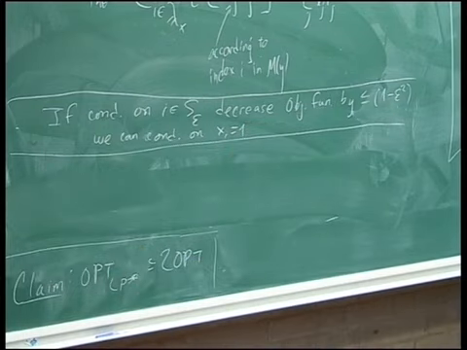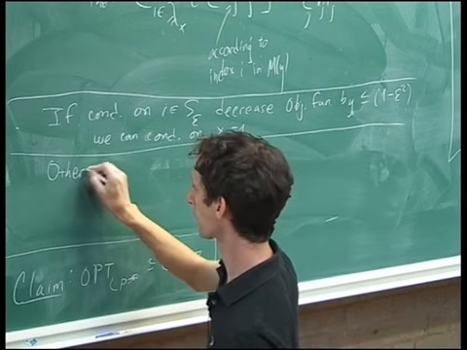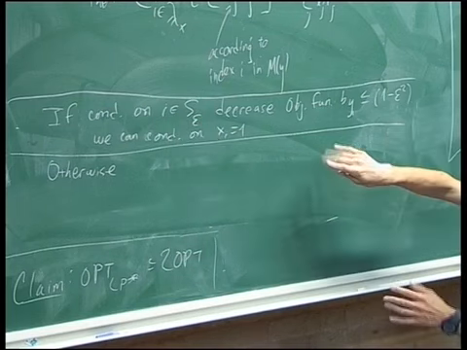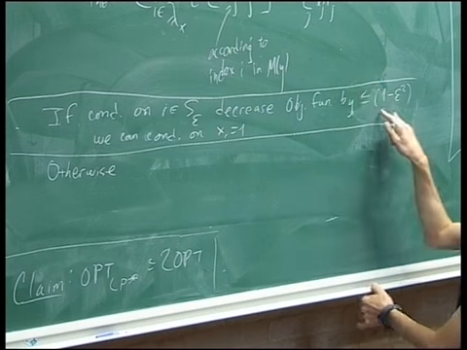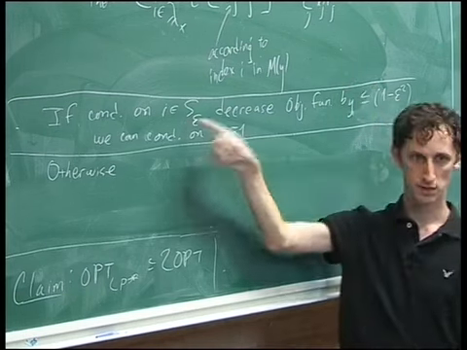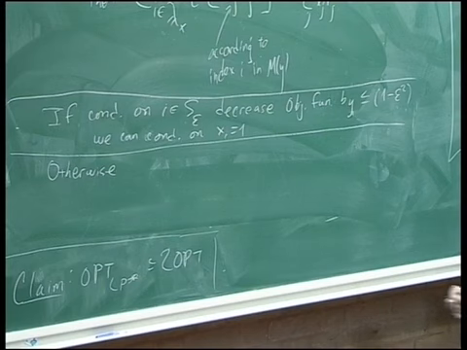On the other hand, otherwise, if there's no such good I in S epsilon, that means that on average we have a reasonably large decrease in the objective function for S epsilon, and then in the remaining items, we have a reasonably large increase.